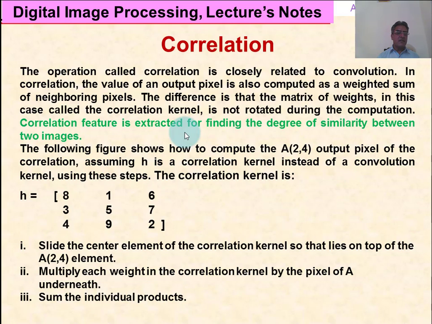If the two images are similar, then the correlation operation will output the value one, meaning the images are similar.